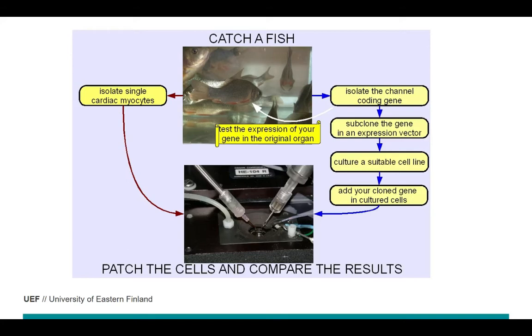On the left-hand side, there are isolated single cardiac myocytes to see what the function of the heart is when oxygen is available or not available. On the other hand, I got some help to isolate the channel-coding genes and put them in cell lines and test the protein levels, so how these proteins are working, and then compared the results.